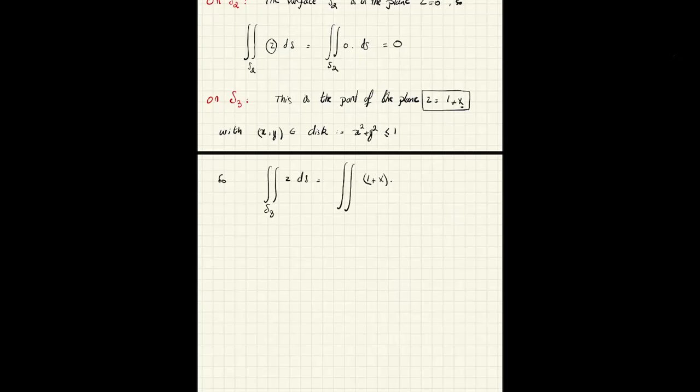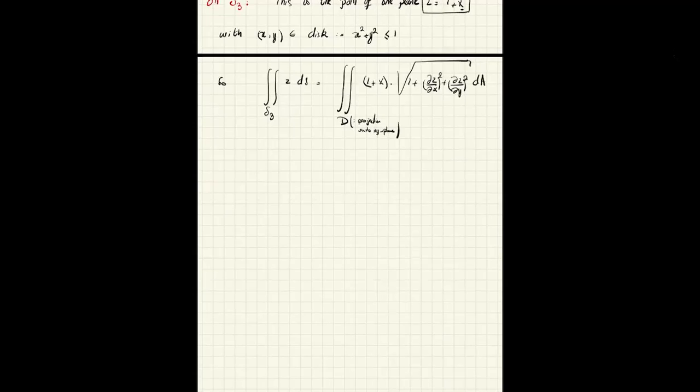What is ds? ds is the area element of the surface, which is the square root of 1 plus dz/dx squared plus dz/dy squared dA. And now the domain D is the projection, right? That would be your new parameterization domain.